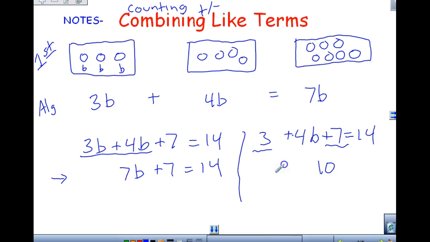And the 4B just stays the same, so there's no other B. So whether you have 2 variables on the same side, you can combine them, count them up. Or if you have 2 numbers on the same side, you combine them and count them up in the same way. The thing that we didn't touch, like here the 7, didn't change, there's no other numbers, that just dropped down. On this one, there's no other B's on this side, so that just drops down. So you only combine what is the same. Both numbers, both the same variable.